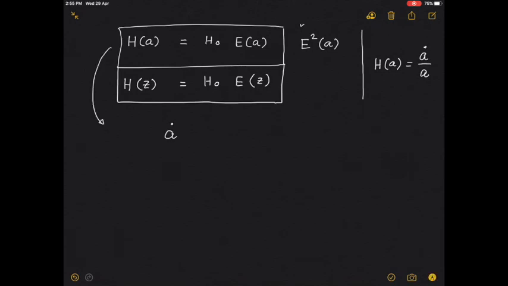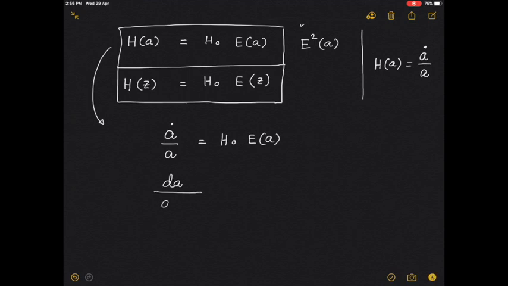So what is this expression telling us? It is telling us that a dot by a is nothing but H naught times E of a. I can modify it a little bit.